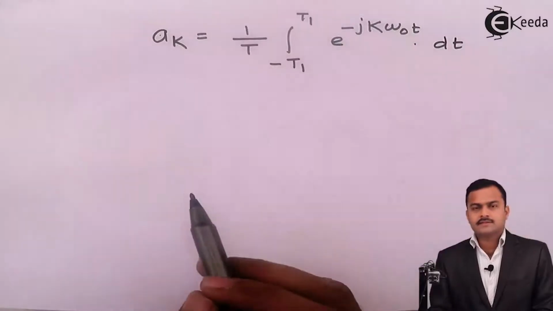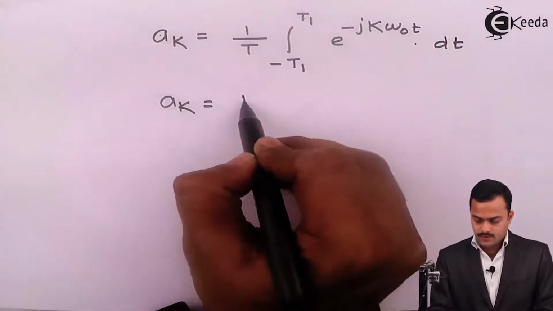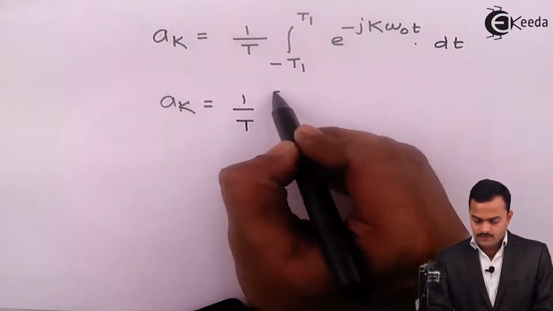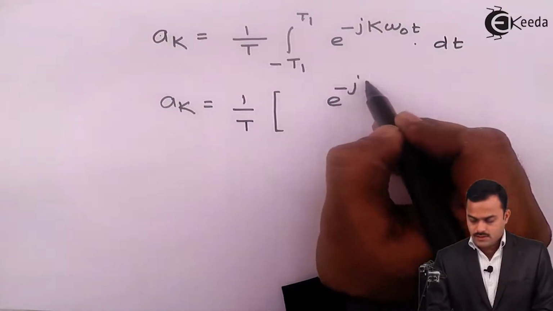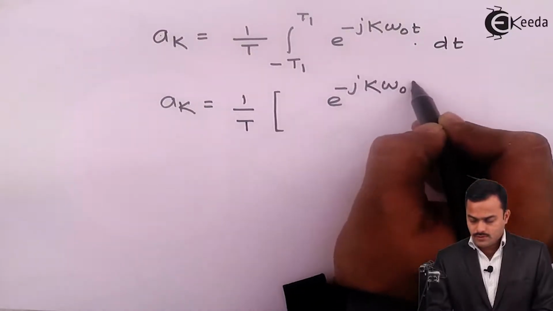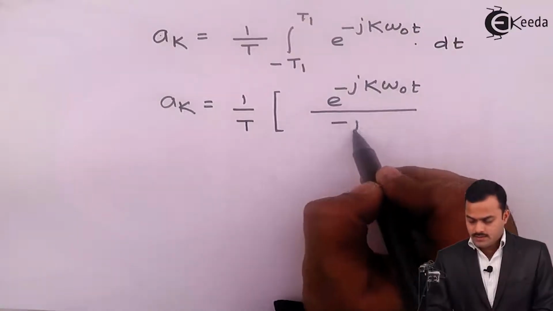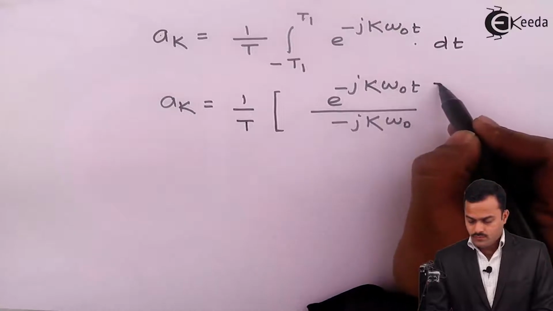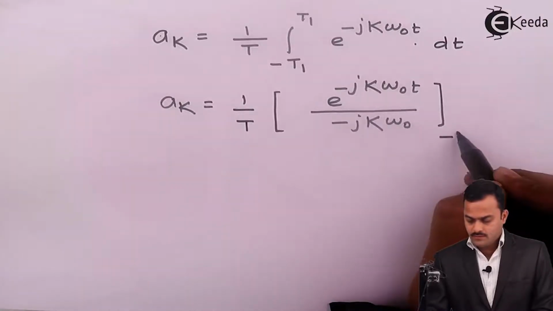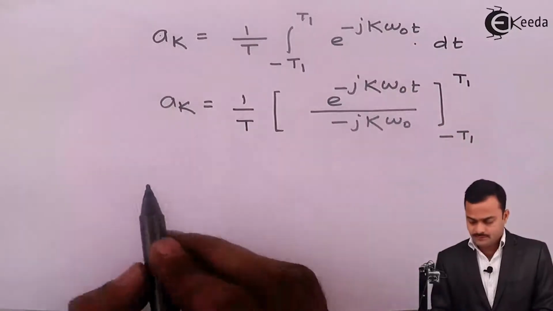Now we have to solve this integral. So a k equals 1 by T. Integral of this is e raised to minus j k omega 0 t upon minus j k omega 0, and limits are minus T1 to T1.